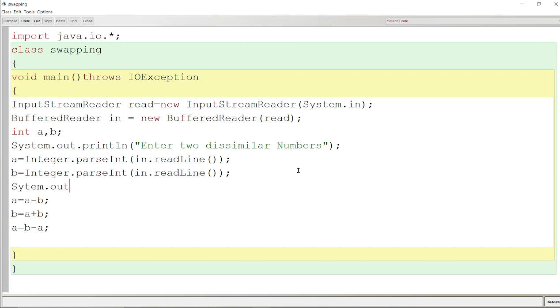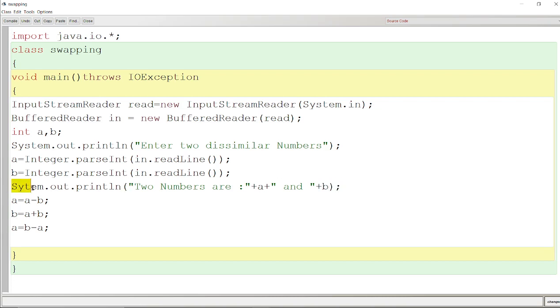System.out.println, two numbers are, that is, if I write here as plus A and then plus and plus now B. All right.